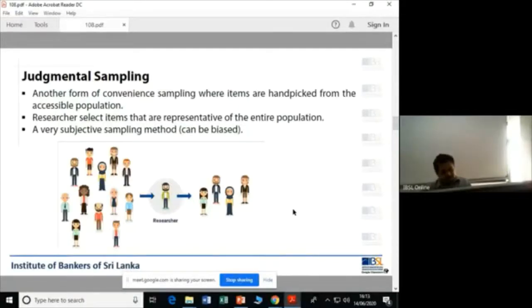So let me reiterate again. The difference between the convenience and judgmental would be in the convenience method, you don't necessarily go for an expert selection. Okay, you might take some data points which is just close to your reach or convenience. In judgmental sampling, you use some of the expert selection or a consultant's input to select your sample from the given population.